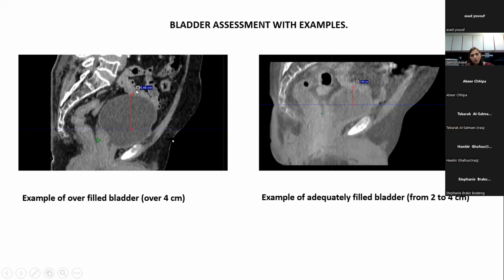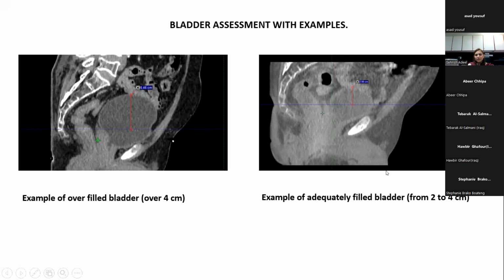This is more than 4 centimeter. If this distance is more than 4 centimeter, that means it is an overfilled bladder. You should ask the patient to pass urine, give water again, wait for 20 minutes, and then take the patient on the machine.